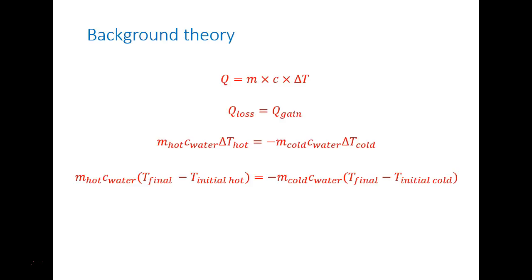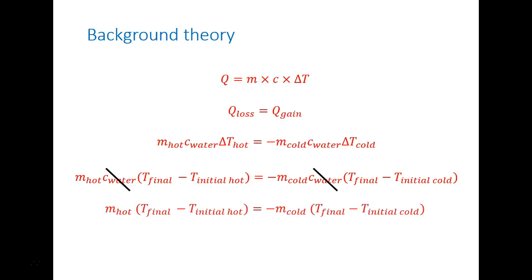Another thing we can do here is, because heat capacity of water is the same on both sides, we can cancel that out, and so we have a smaller equation. Mass of the hot water multiplied by brackets final temperature minus initial temperature of the hot water, equal to negative mass of the cold water multiplied by final temperature minus the initial temperature of the cold water.